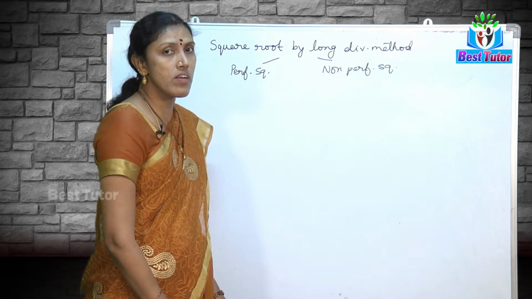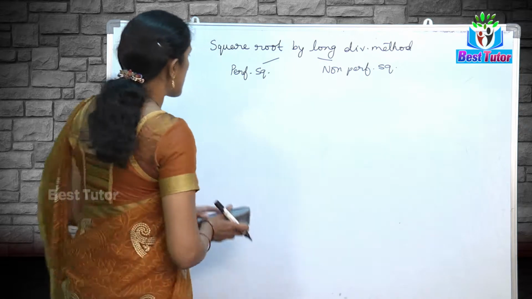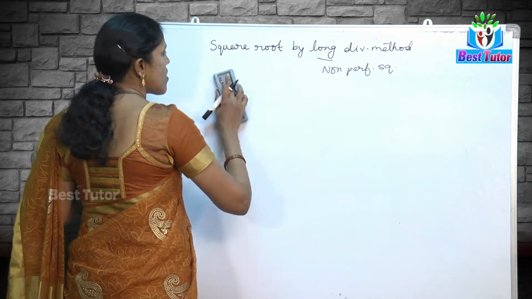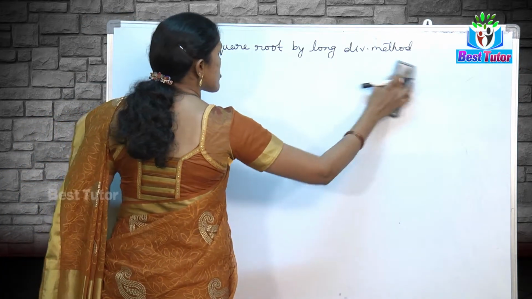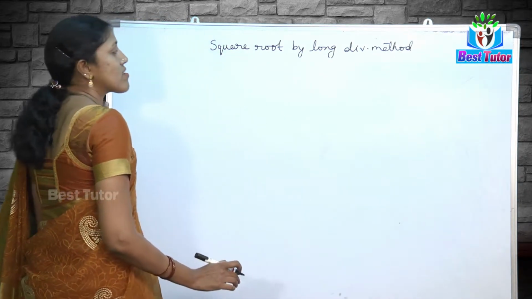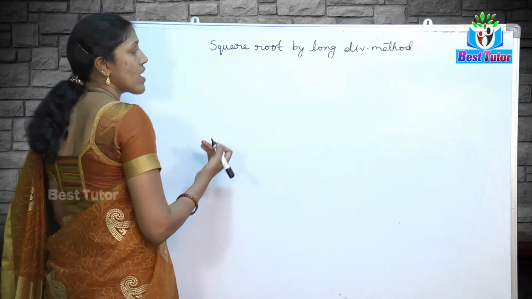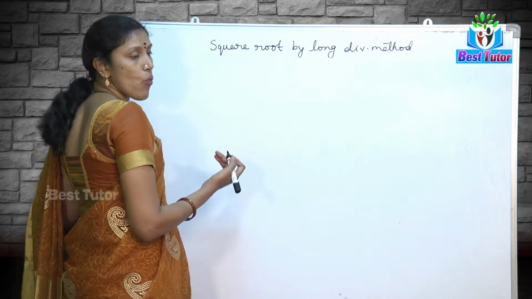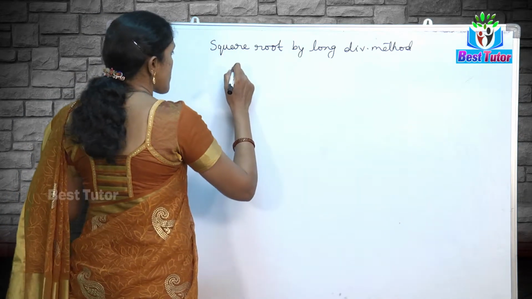Long division method will help us in that way. Initially, we will find out the square root of a perfect square using long division method, which makes us comfortable, and then as we get acquainted with the method, we will move on with the non-perfect squares.